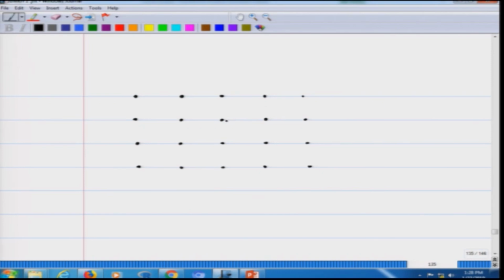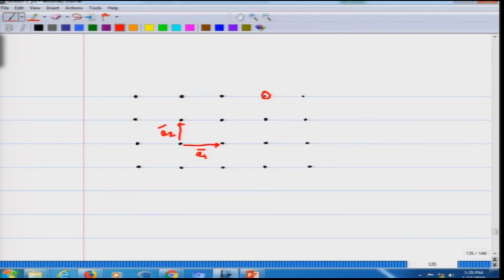Now, if I take this point and if I define 2 vectors A1 and A2 around this point, then if I want to reach say this point in my lattice, can I reach it?